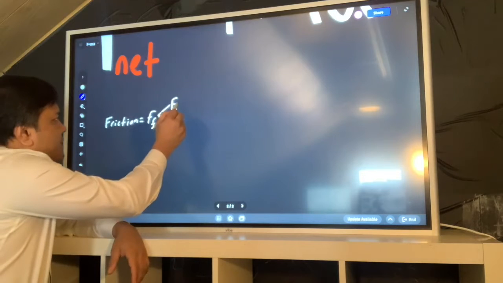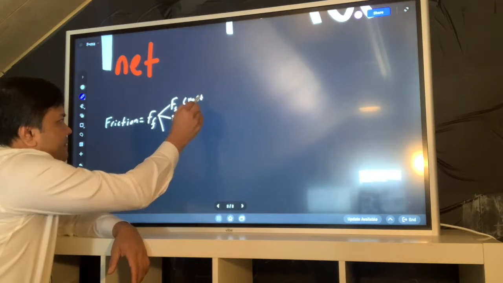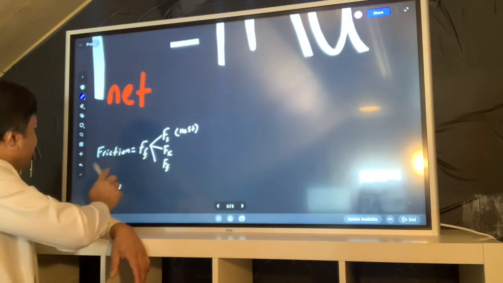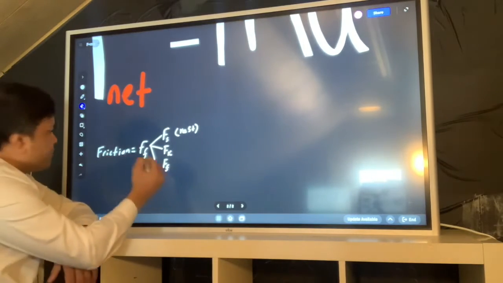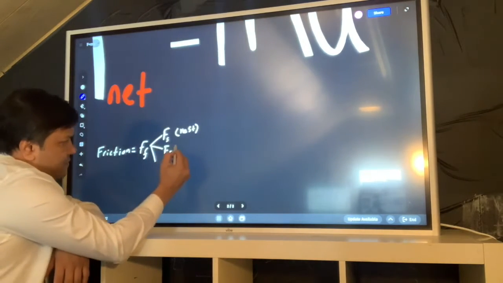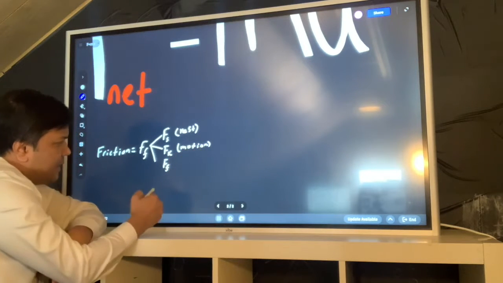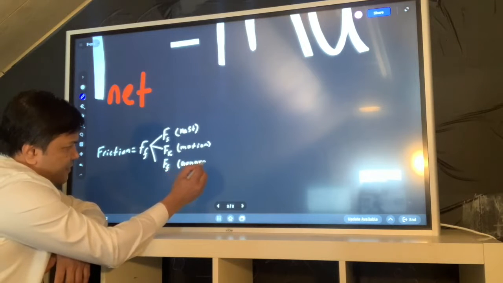Static friction is when the object is at rest, and kinetic friction is when the object is in motion. When the object is in motion, we say it's kinetic friction. This is a general case.